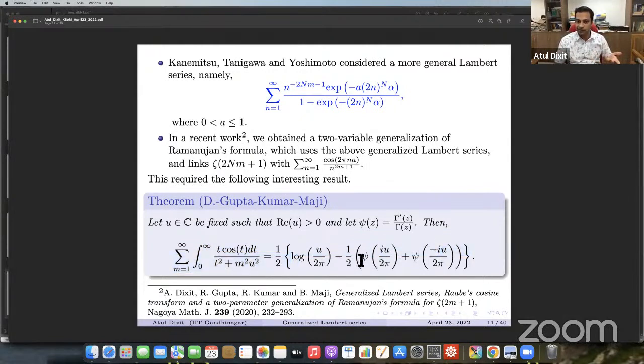The logarithmic derivative of the gamma function is quite well known. Also, a moment's look will tell that one cannot interchange the order of summation and integration here, otherwise one gets a divergent integral. So how do we obtain this? This is through using a generalized Poisson summation formula due to Green and then evaluating a bunch of integrals and limits. So the proof is interesting in itself, but I'll skip this part.